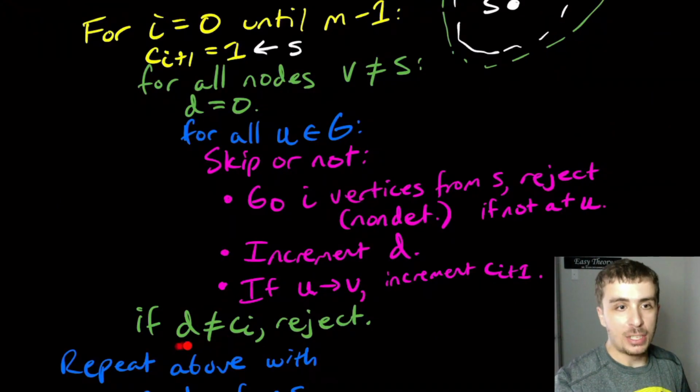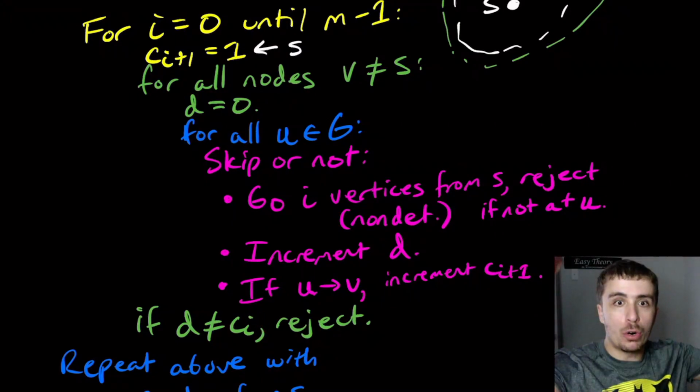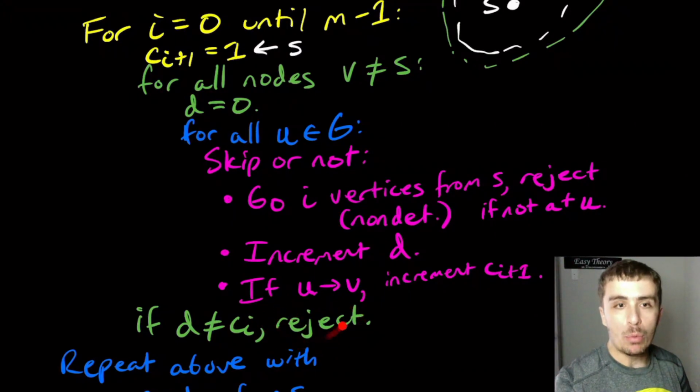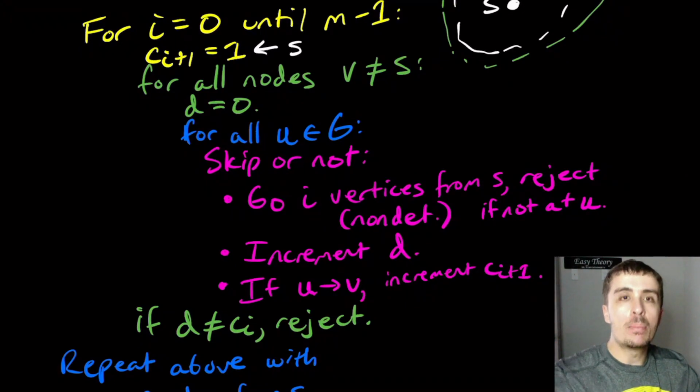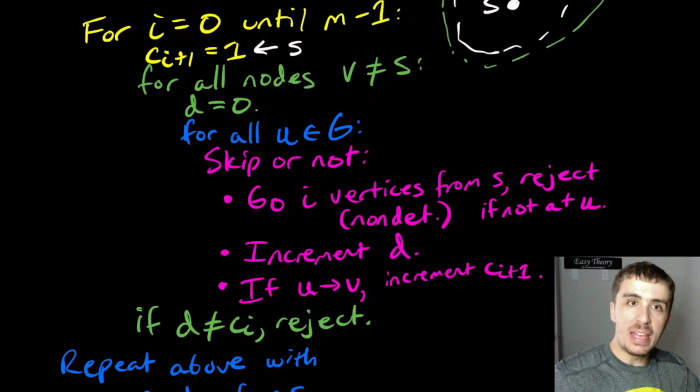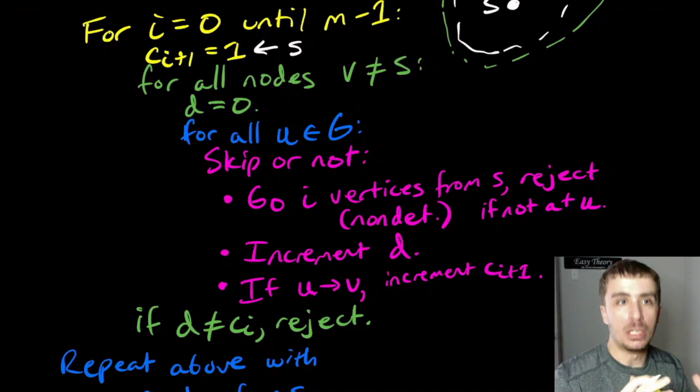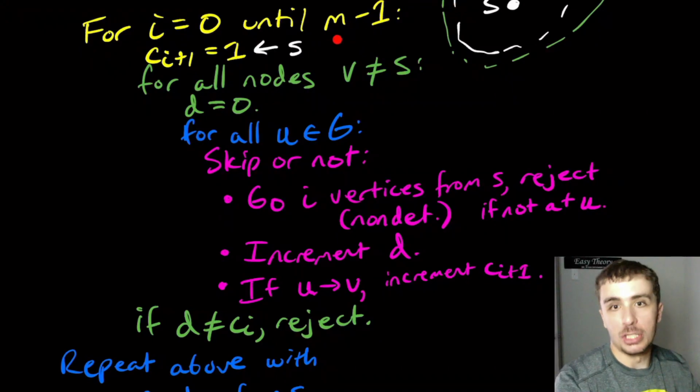We're going to make some additional count here. So if the count we just determined right now is different than the previous count that we explored earlier, then we will reject. So in principle, we are keeping track of the exact number of vertices I can reach within I or fewer steps. I have I plus 1 here because we have m-1 here, and it's just a good measure.